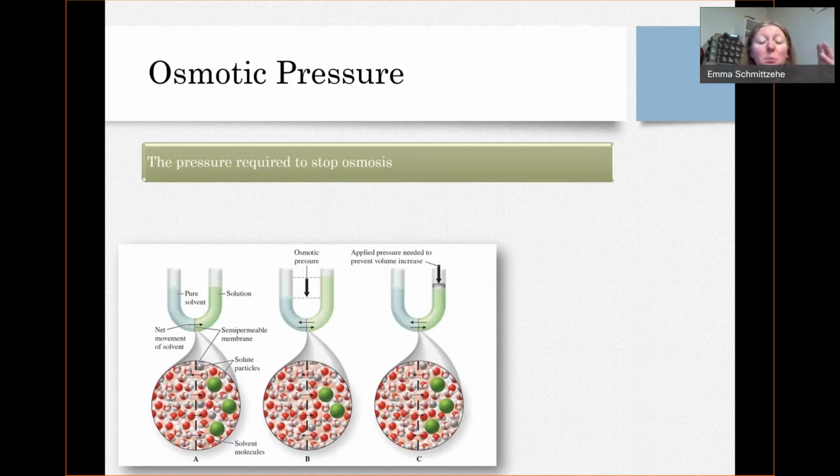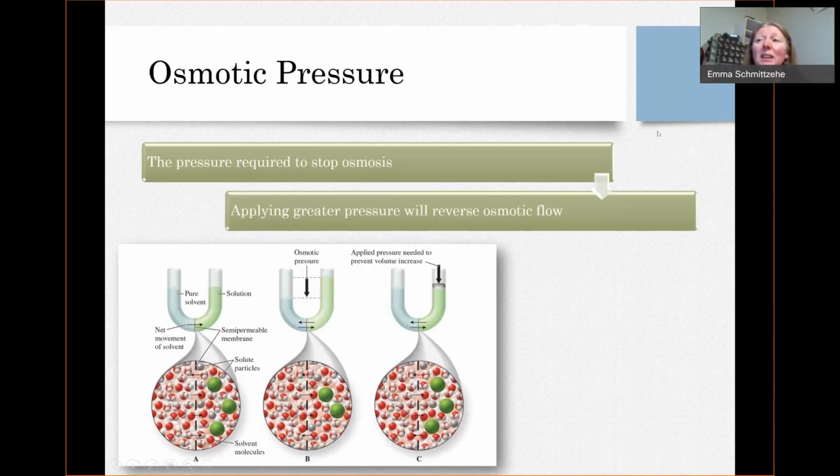In that case, if it's pure solvent on one side, you can never equilibrate those concentrations because you're never going to get solute on one side. But eventually gravity is going to stop it, or you can actually press on the solution and get it to stop. However much pressure you need to put on it to stop it, that is the osmotic pressure of that solution.